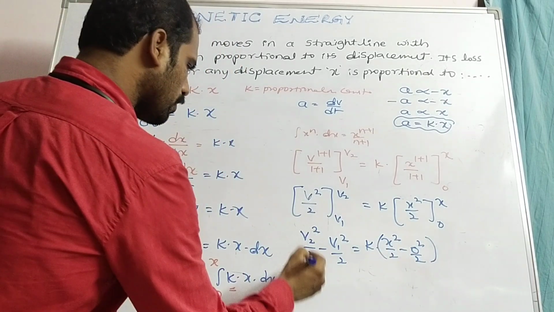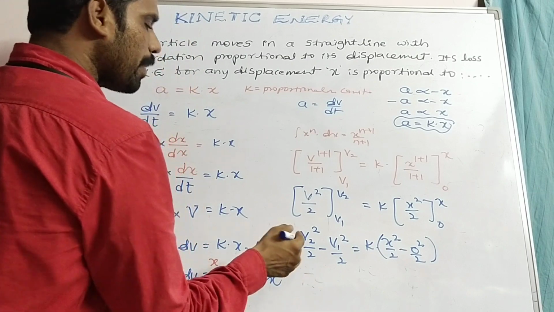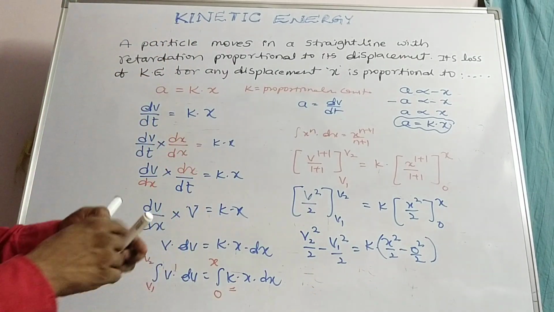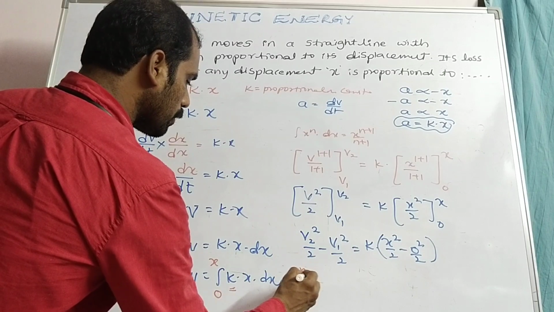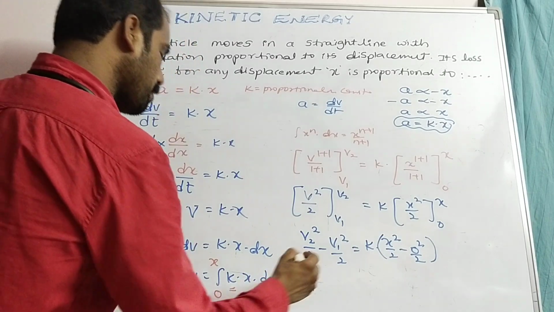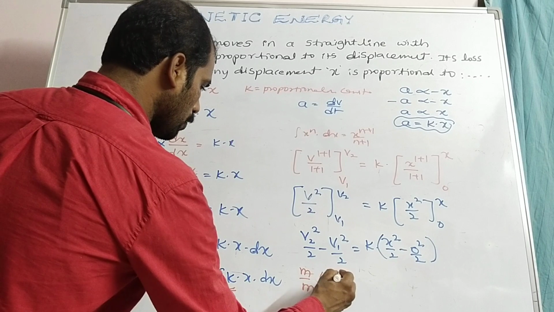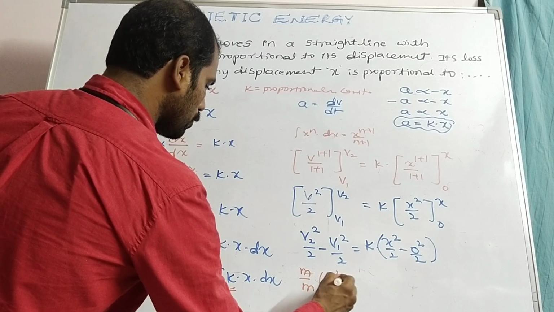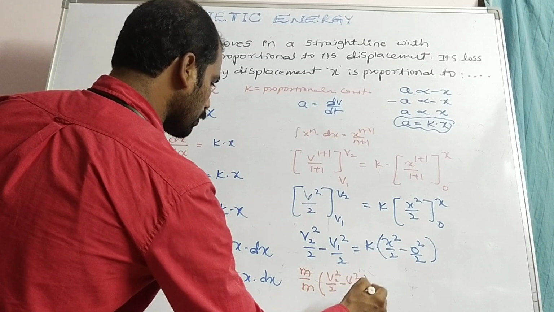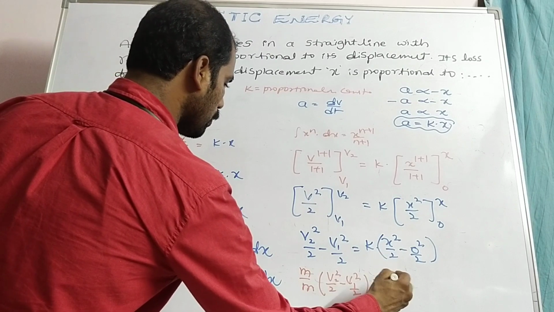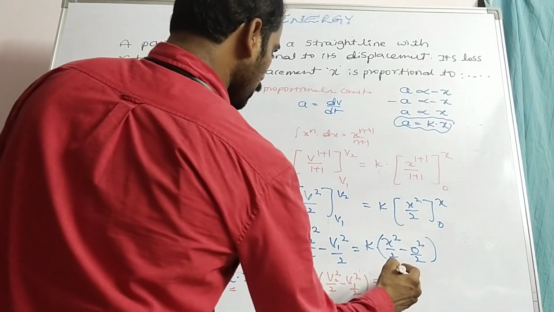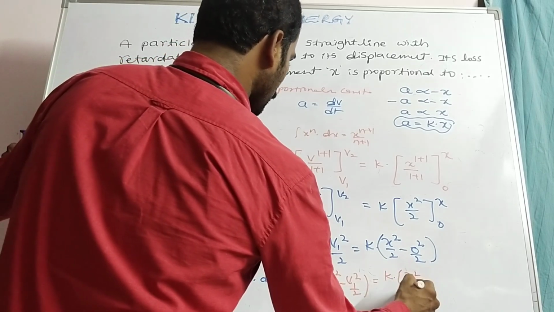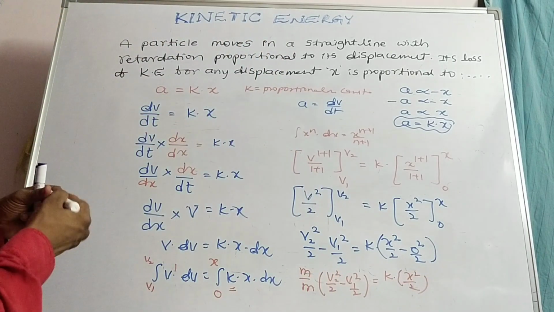Multiplying by m on both sides, m into v2 square by 2 minus v1 square by 2 equals k into x square by 2.